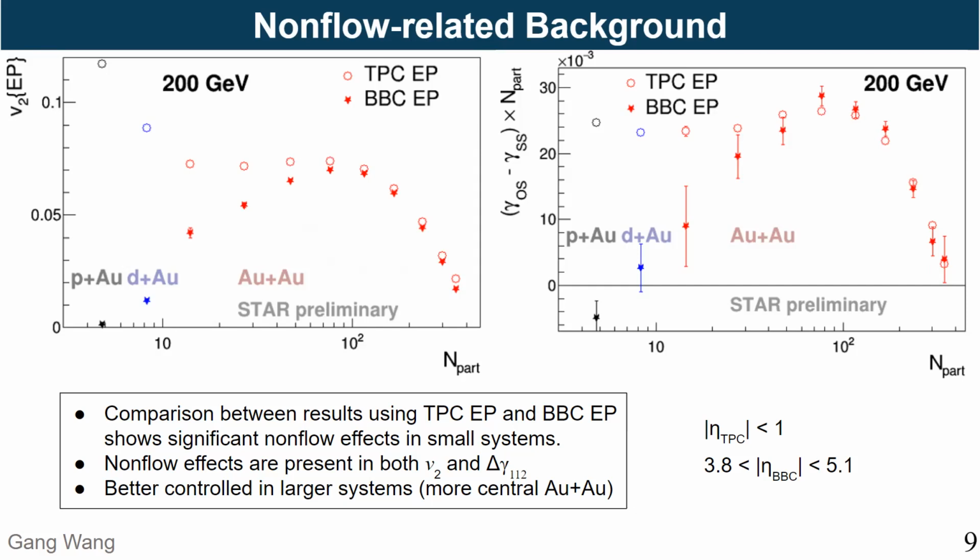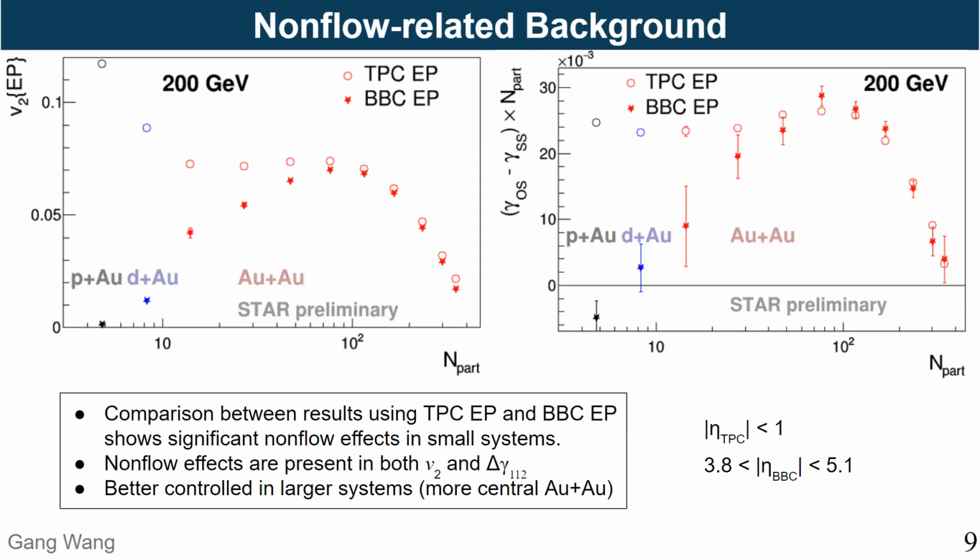In the same way, we look at delta gamma multiplied by N-part, just for easy display. You see in central collisions, they're pretty close to each other using different planes. But when you go peripheral, you see a huge difference. If you use the forward event plane, the signal should disappear, and indeed it disappeared in p-gold, d-gold.